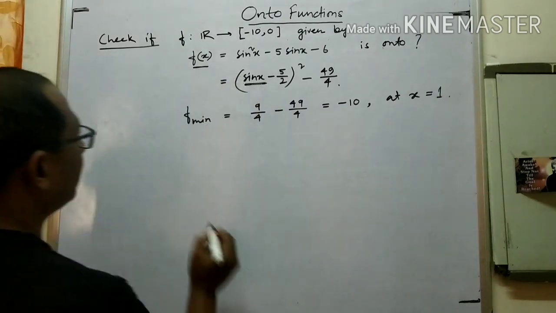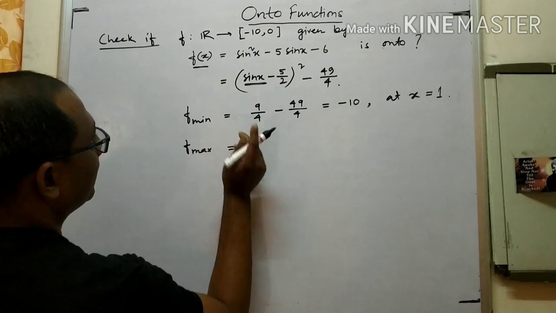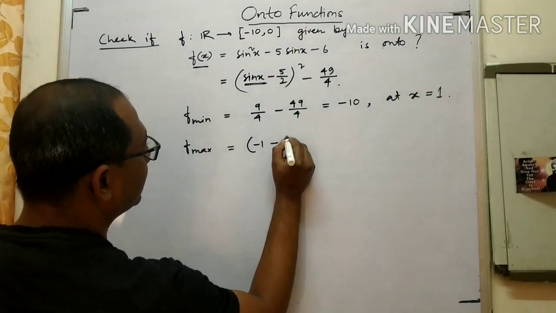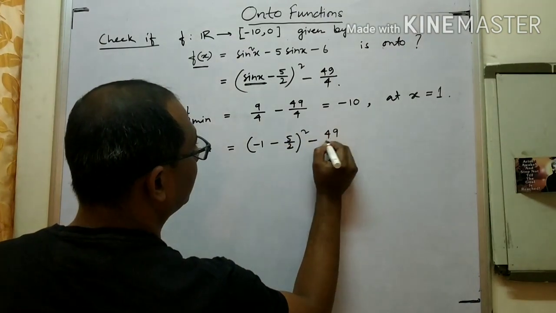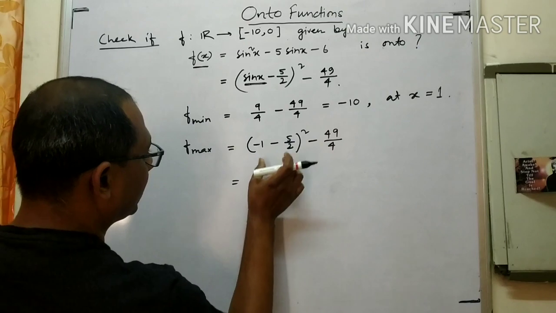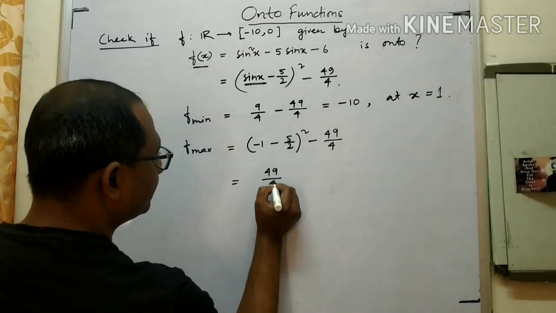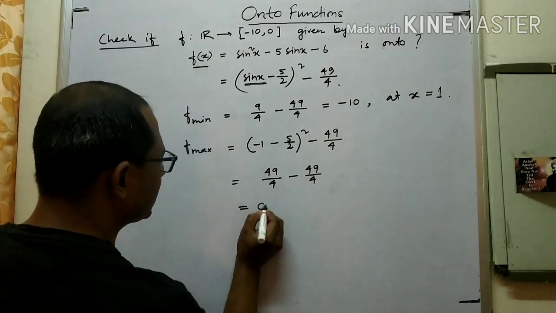Now f maximum: f will be maximum when sin x is minus 1. So (minus 1 minus 5 by 2) whole square minus 49 by 4, so here I'll be getting (7 by 2) whole square, that is 49 by 4 minus 49 by 4. So it is giving me 0.